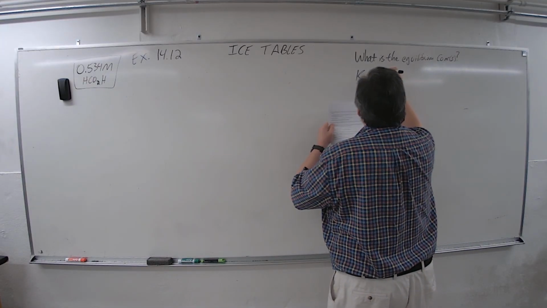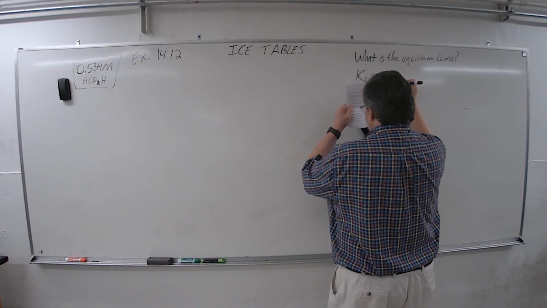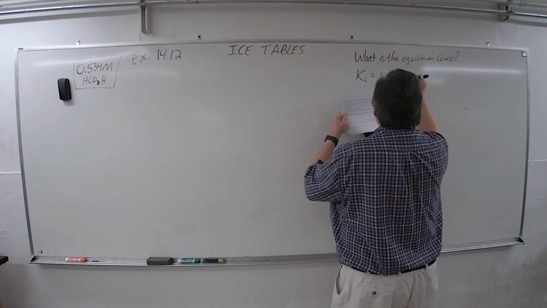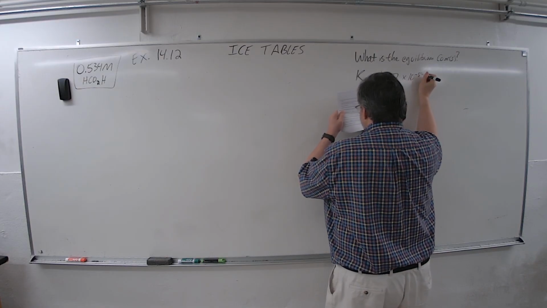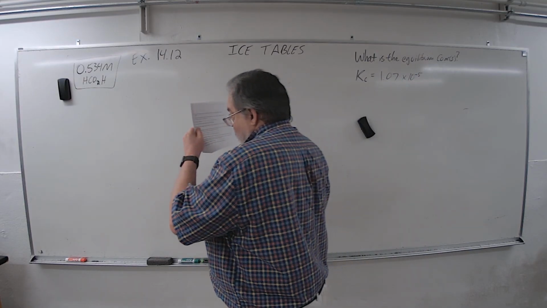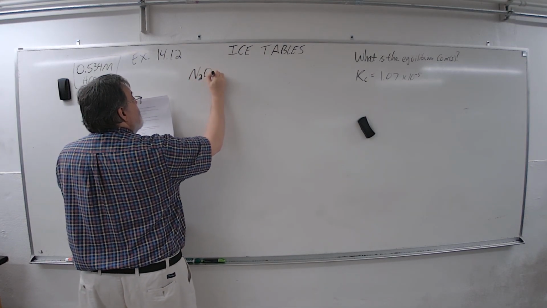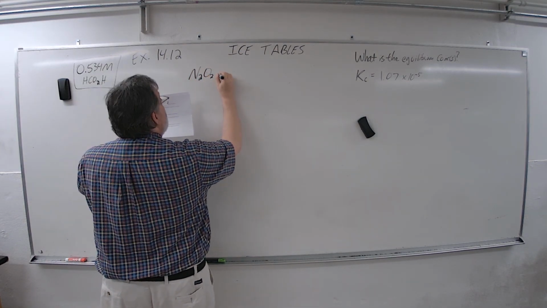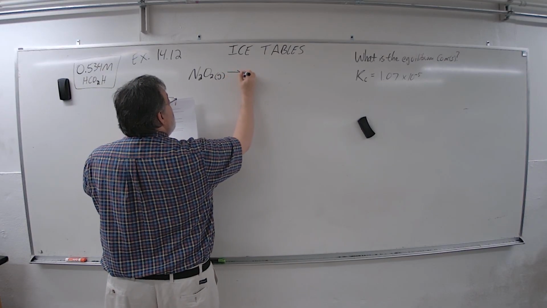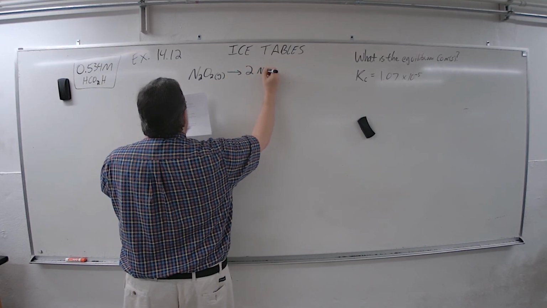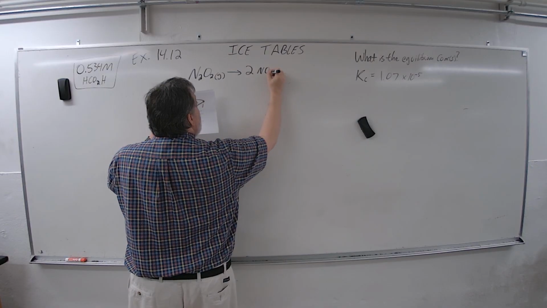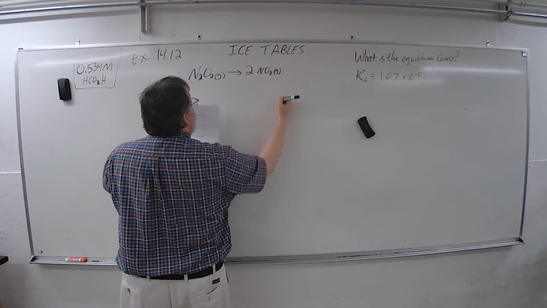This one Kc is 1.07 times 10 raised to 5. That's your equilibrium.